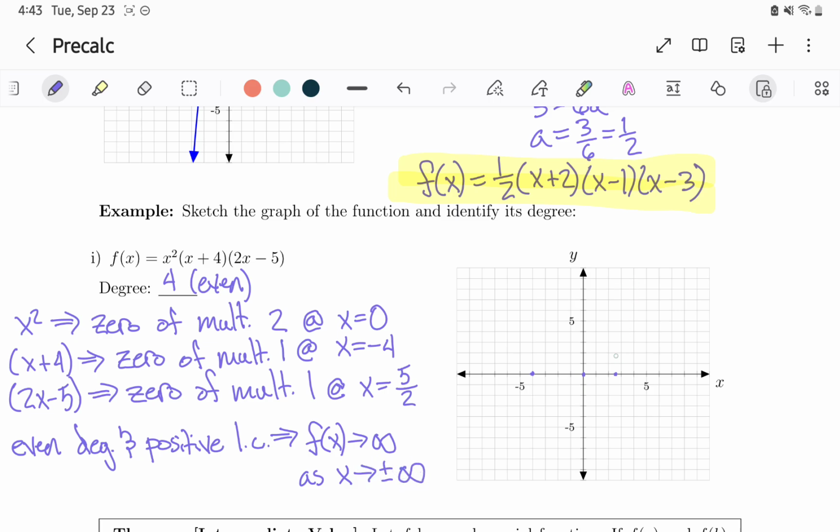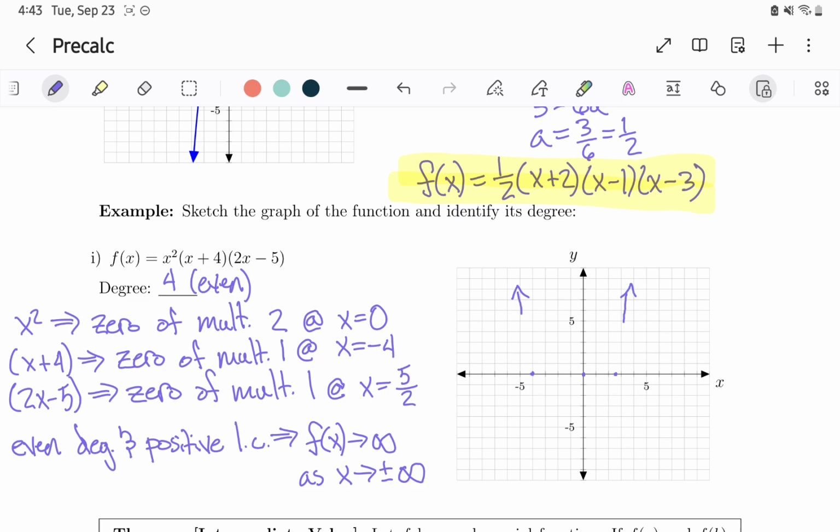So we could go ahead and draw our end behavior arrows too. Just to the left of our leftmost zero here, we could do one end behavior arrow that's pointing up and to the left. And then to the right of our rightmost zero at x equals 2.5, we will do another end behavior arrow, just pointing up and to the right.